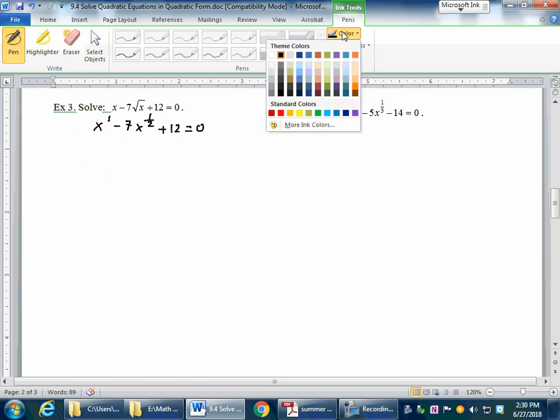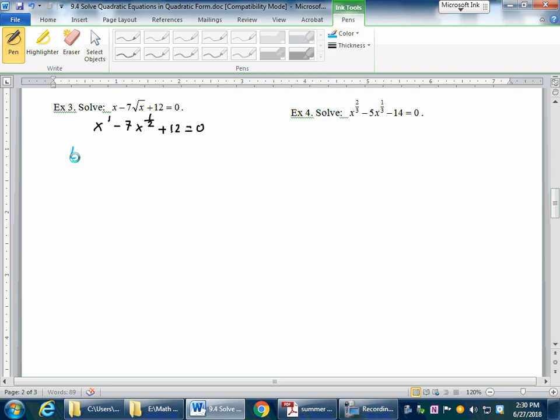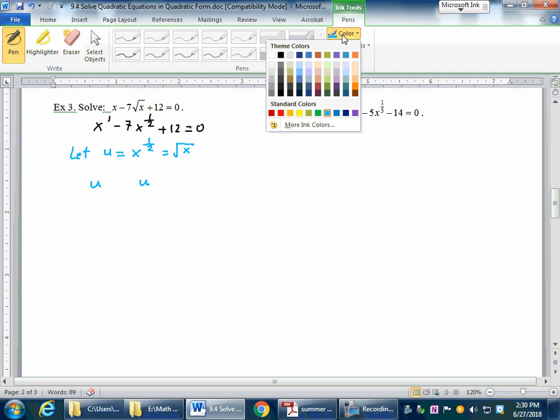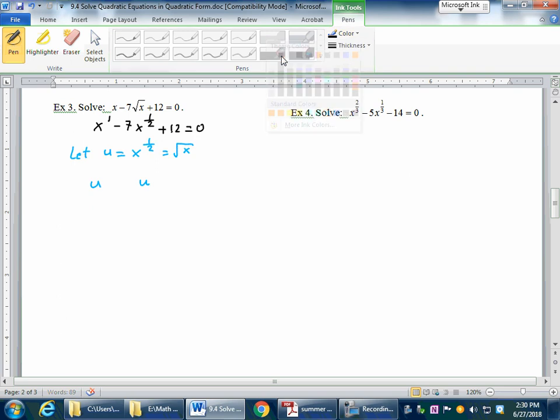Now I'm going to let u be equal to x to the 1/2 power, which is square root of x. So this gives me u to the second power on the first term, and the second term will be negative 7 times u. U to the second power minus 7 times u plus 12 is equal to 0.